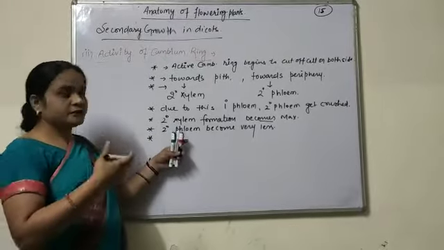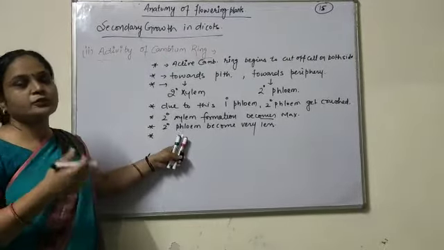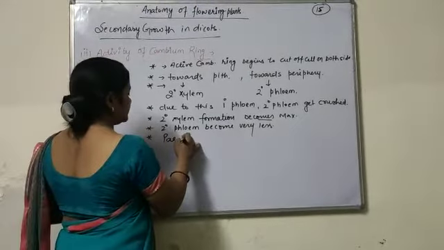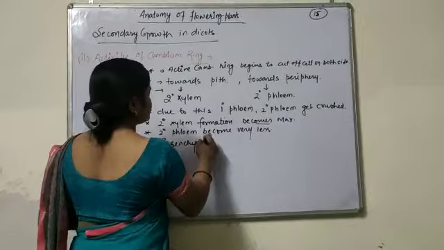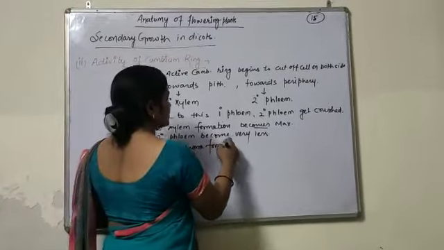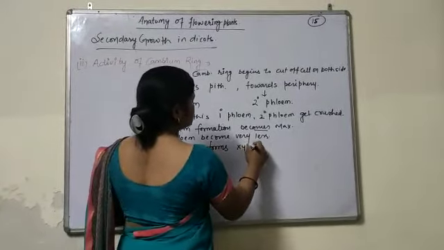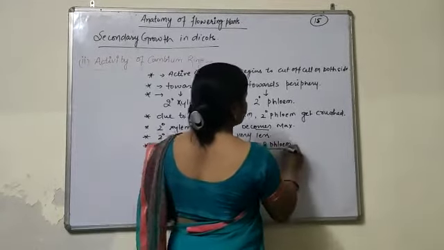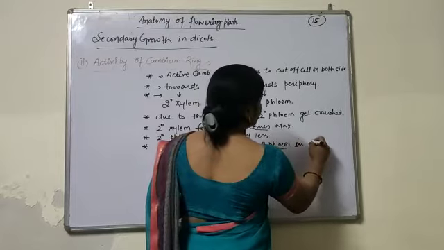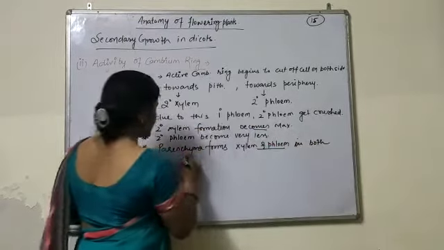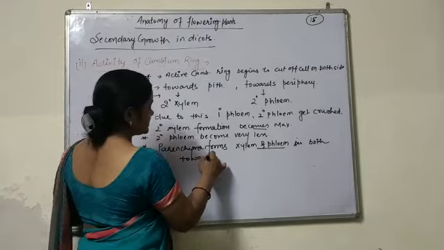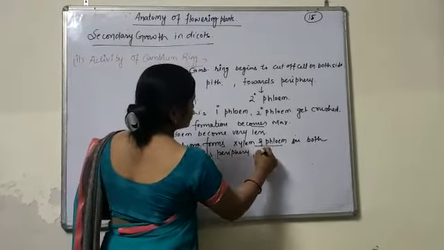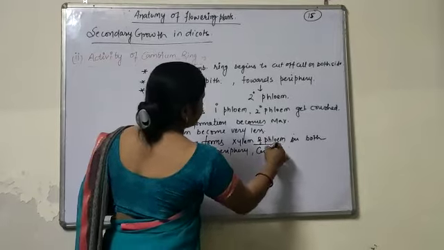Next, when the parenchyma, or you can say the meristematic tissue, becomes active, then the parenchyma forms xylem and phloem rings towards the periphery as well as towards the center.